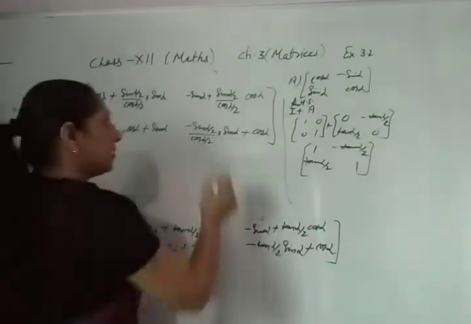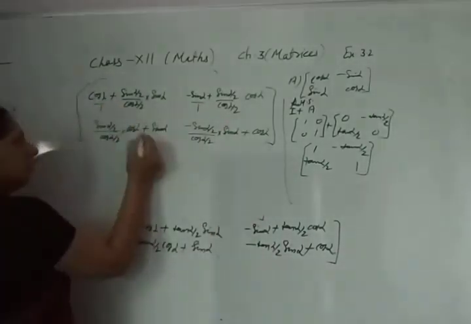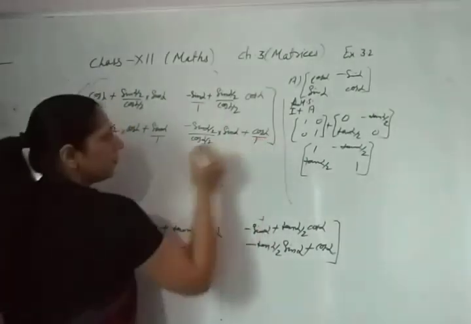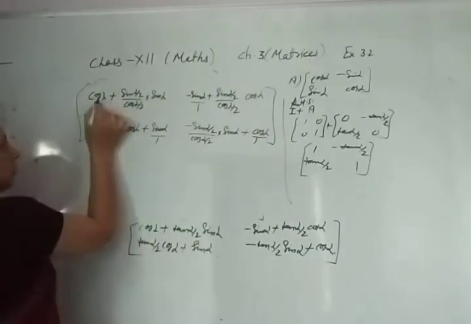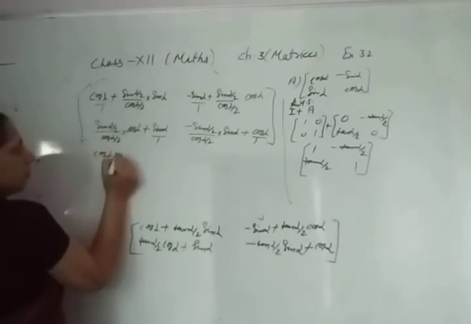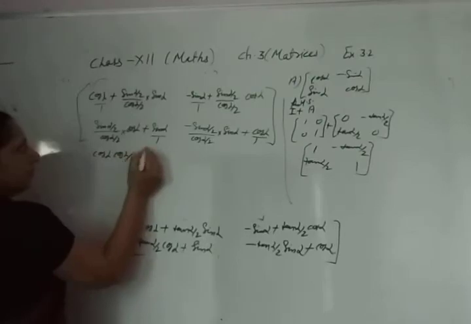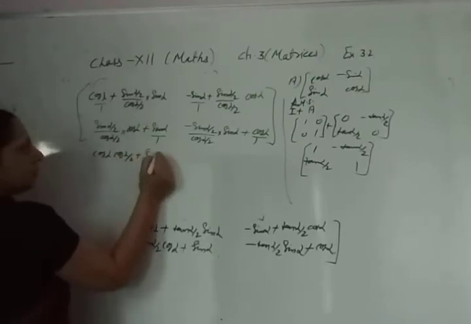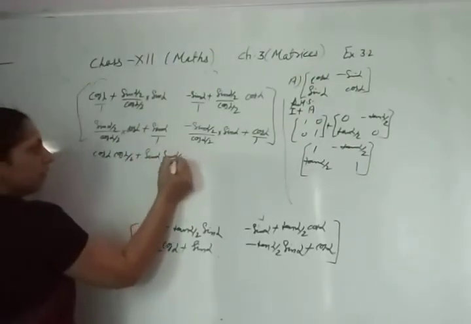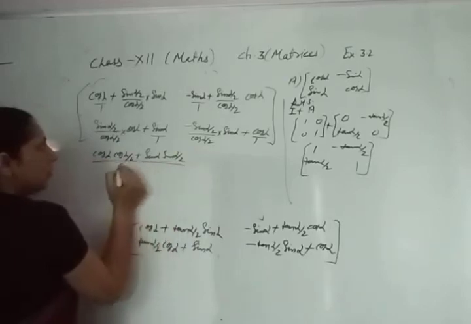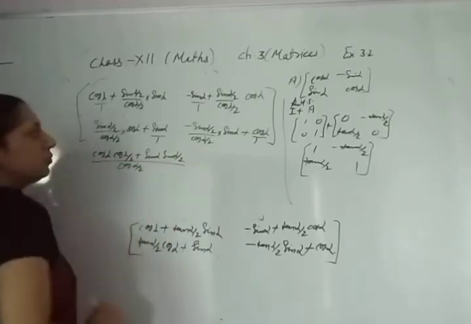Now take the LCM. 1, 1, 1, 1. So it's cos alpha by 2 plus sin alpha by 2 upon cos alpha by 2.